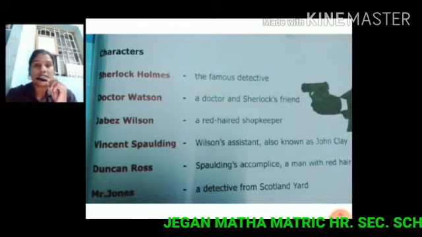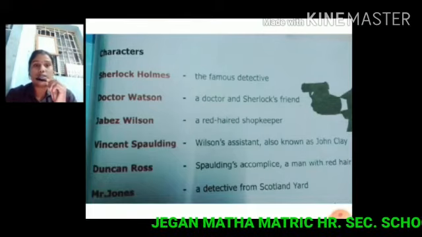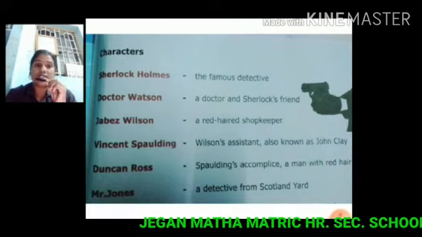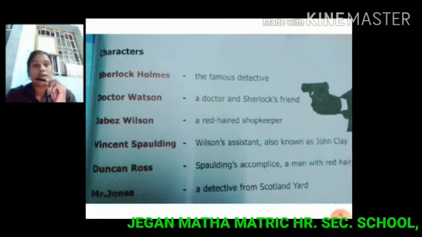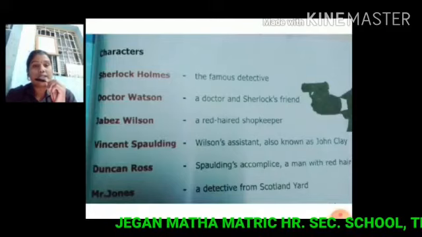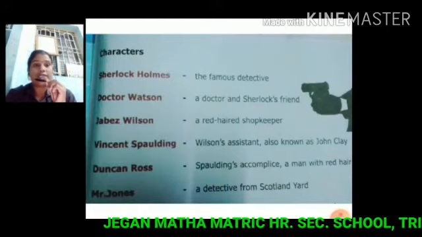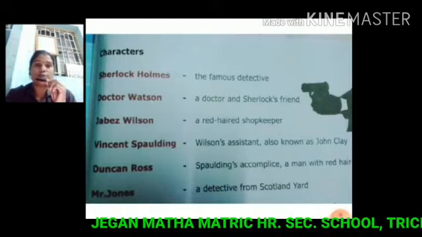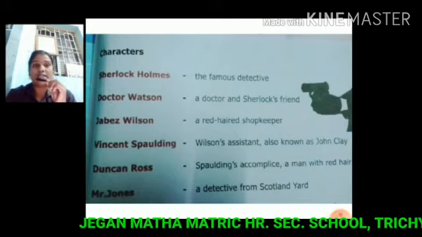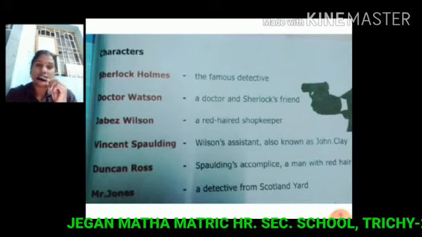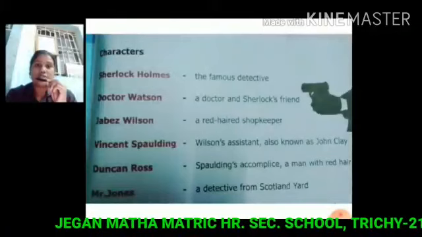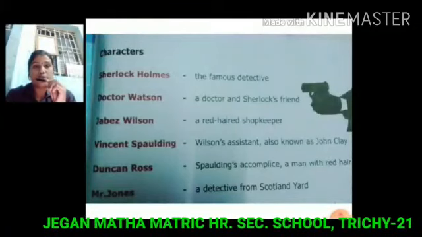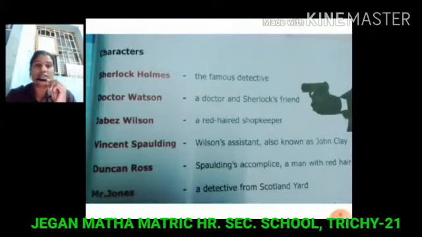And Duncan Ross, Spaulding's accomplice, a man with red hair. Next, the last character, Mr. Jones, a detective from Scotland Yard.